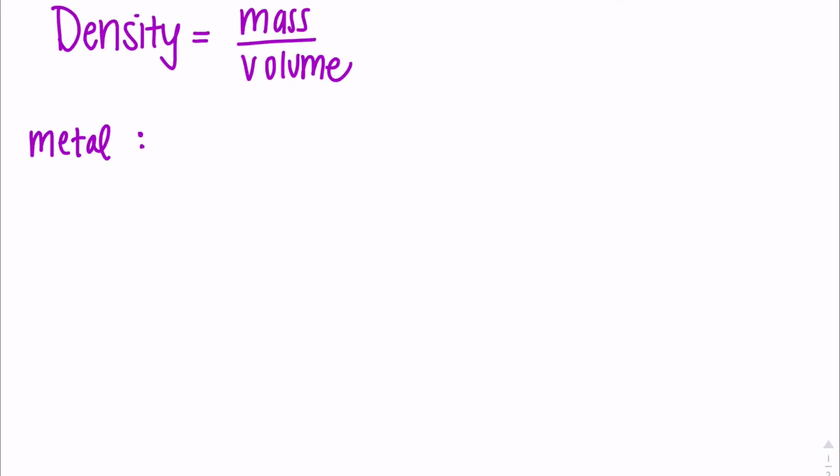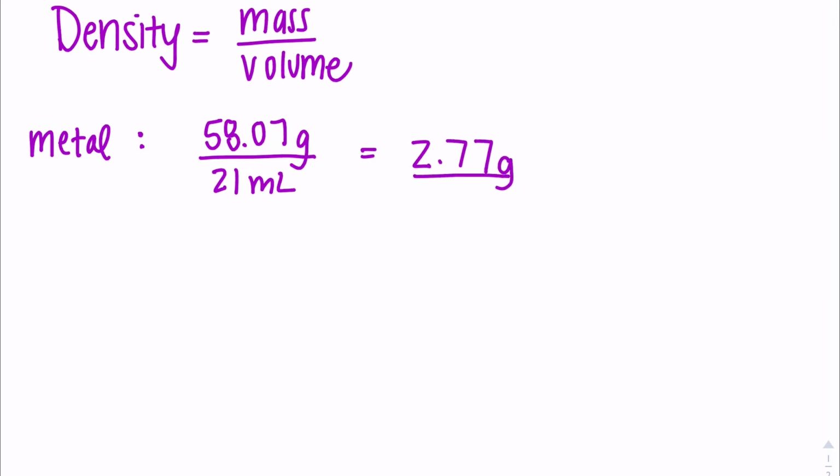So now we can use our measurements to calculate the density. Our measured mass of our metal piece was 58.07 grams. And our measured volume was 21 milliliters. So we know that density is equal to mass divided by volume. So 58.07 grams divided by 21 milliliters, and if we do the calculation, this is equal to 2.77 grams per milliliter.